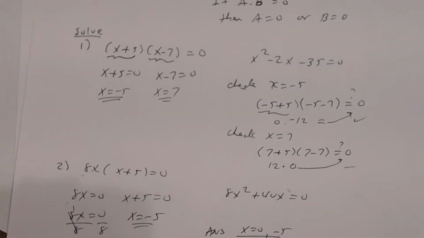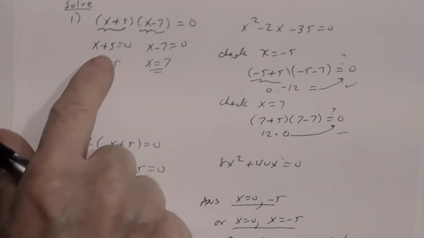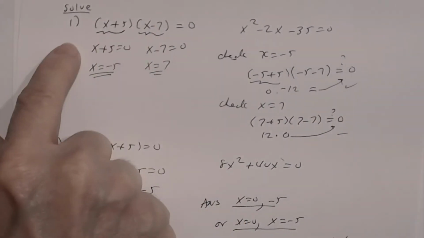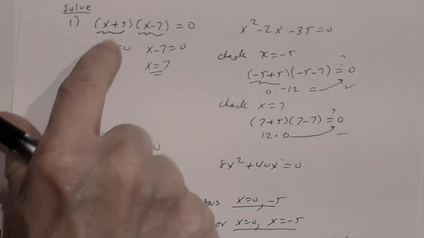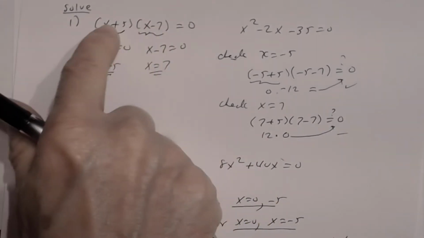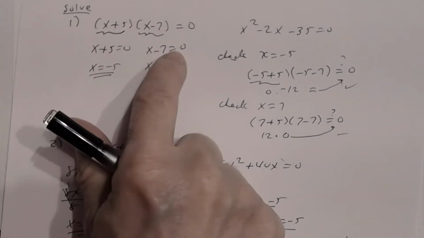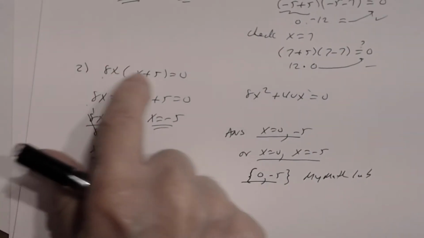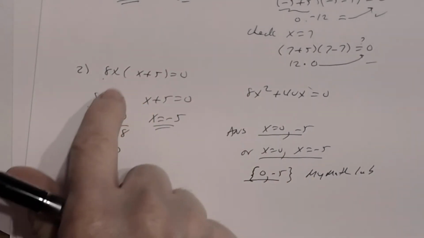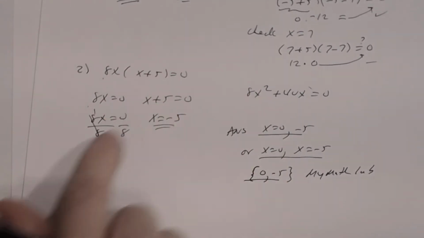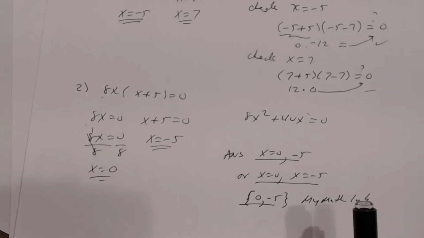So again, notice so far when we solved this quadratic equation, we factored. We went from a quadratic equation to 2 linear equations. Okay. All right. Number 3.